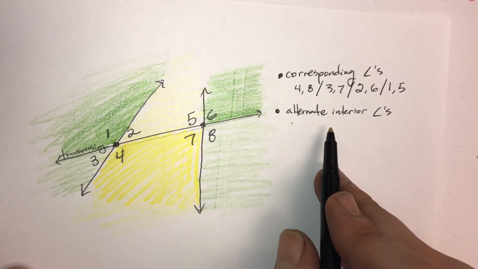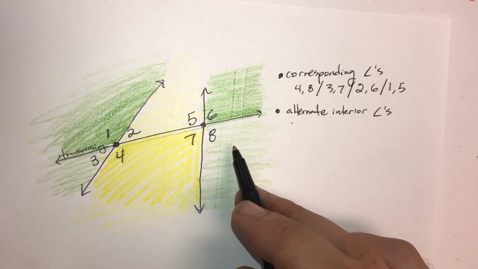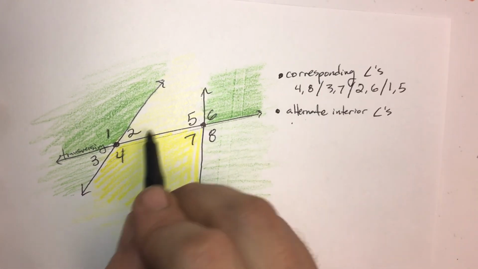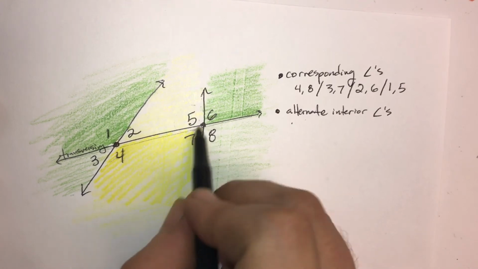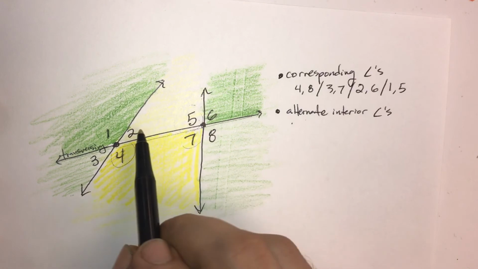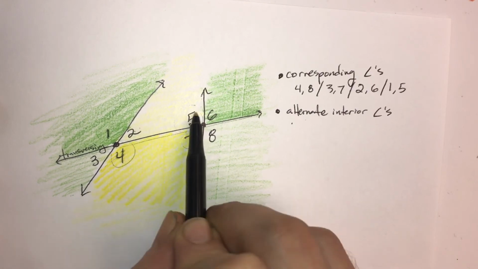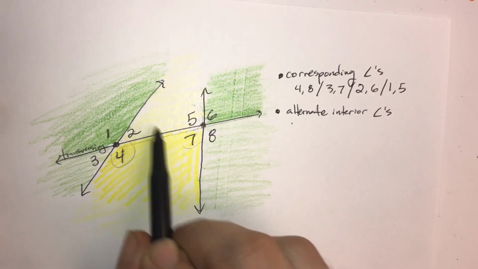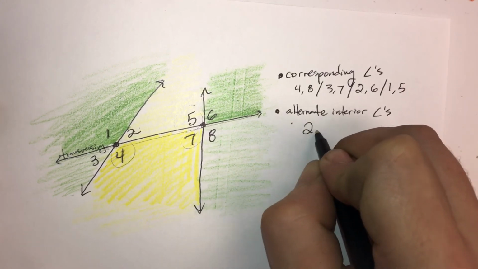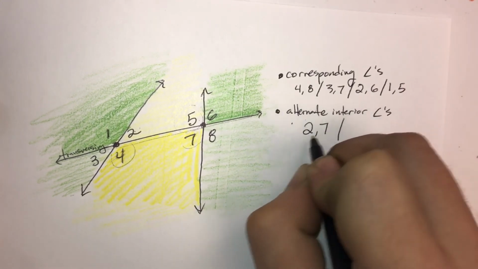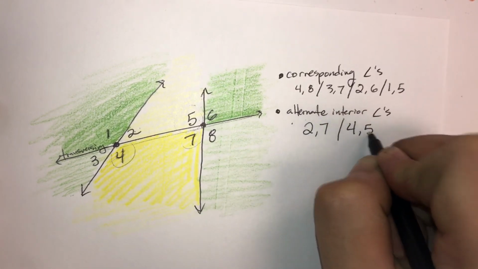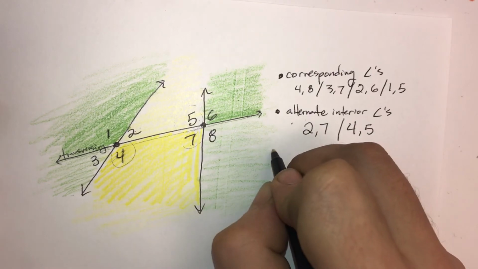Interior refers to the interior and exterior that we mentioned before. So alternate interior angles are angles that are in the interior, so we only have 4 possibilities here, and they're alternate, so they're on opposite sides of the transversing line. So alternate interior angle pairs in this case are 2 and 7, that's an alternate interior angle pair, and 4 and 5 is also an alternate interior angle pair.